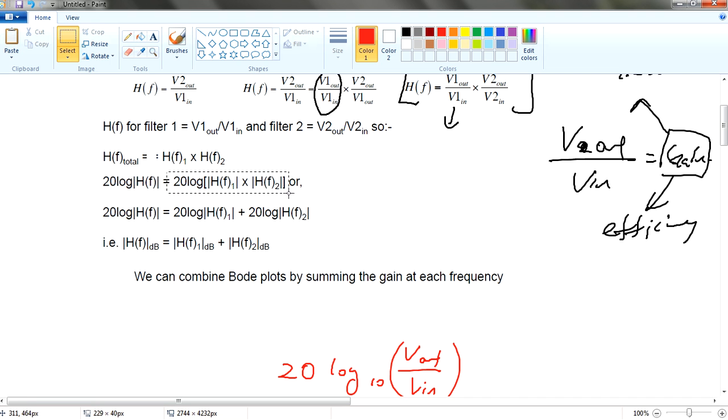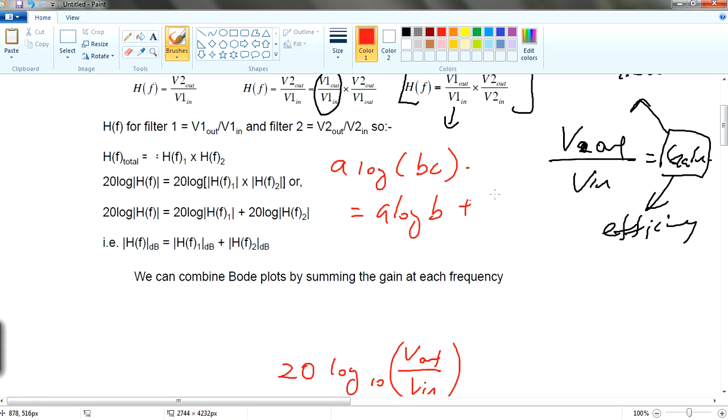With this, you know that the logarithm rules state that A log BC equals A log B plus A log C. So this is why this one becomes this one over here, and this one becomes this one over here. After which you can factorize out because they are all the same 20 log.